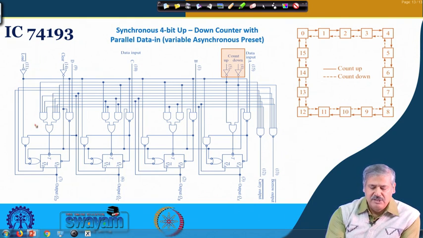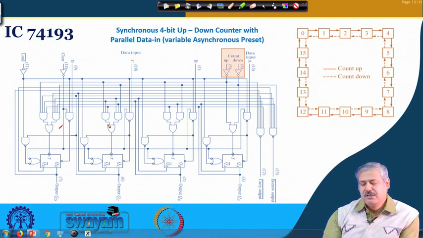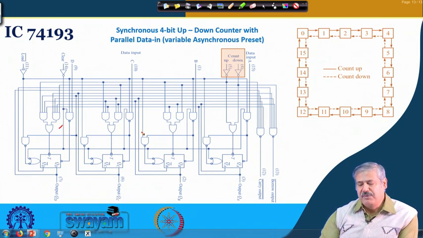Depending on count up or count down, either A, B, C or A prime, B prime, C prime will be fed here, and similarly A, B or A prime, B prime. These are things we already know from synchronous up counter and down counter design. So those things are over here.